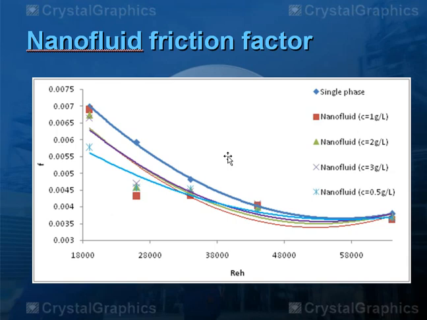Our results revealed the friction factor at various nanoparticles concentrations compared with single phase without nanoparticles. The lower nanoparticles concentration gives results close to single phase, and we found a reduction in friction factor at the lower hot Reynolds number.